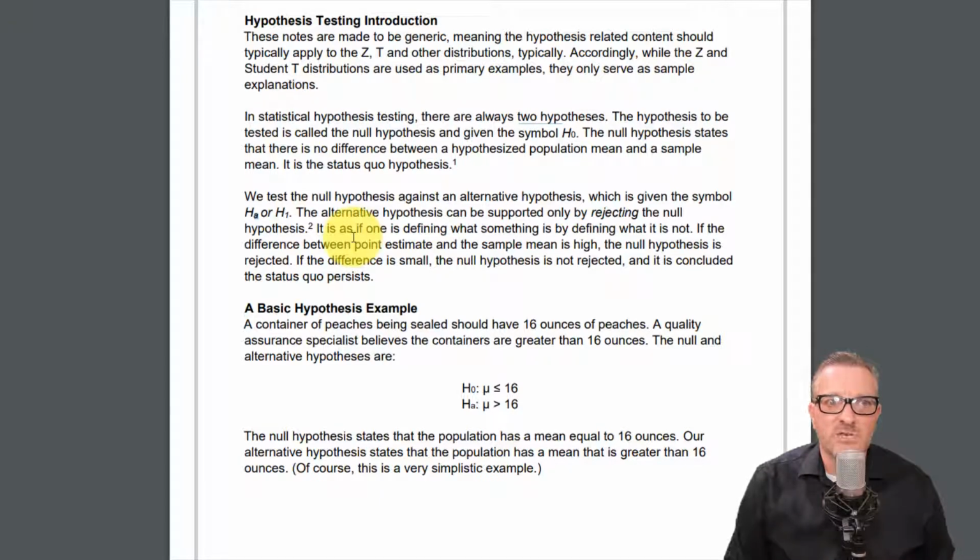So when we say we reject the null hypothesis, we're saying something is different enough to be concerned that maybe what we thought before was not true. Like I said, we do not accept the alternative hypothesis. We reject the null hypothesis. We're always making a statement based on the null.